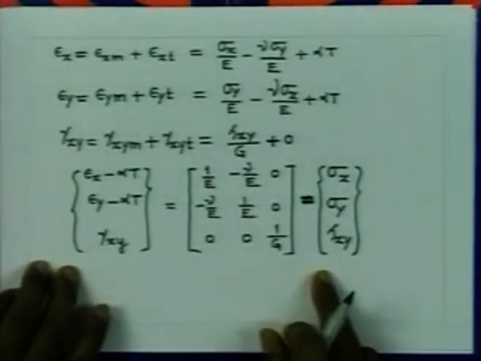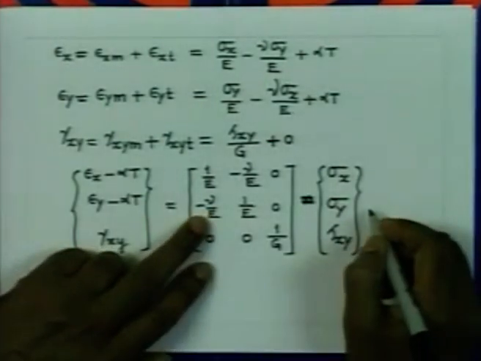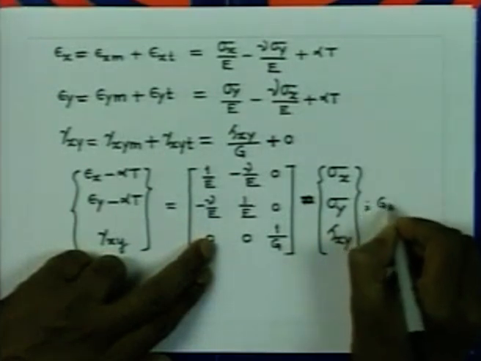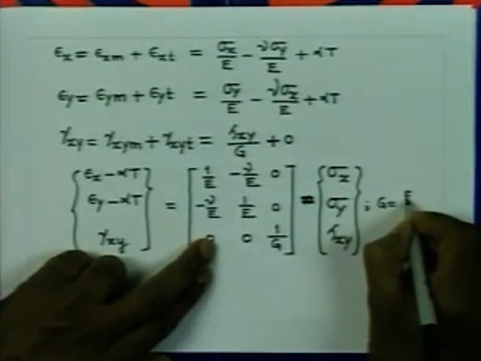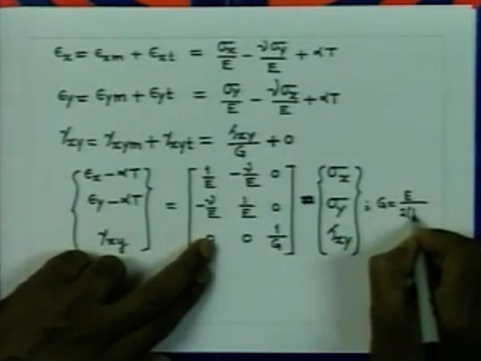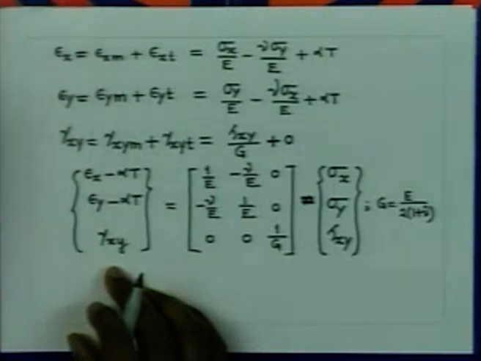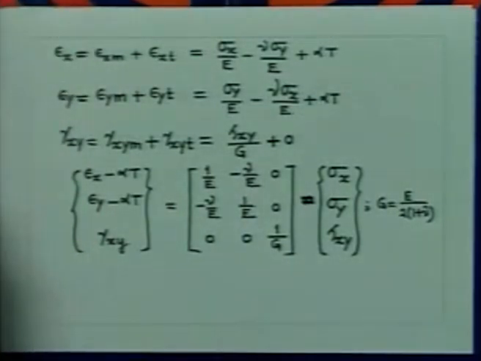You can see that the elastic constants are involved here, nu and E and G, and since G is equal to E by 2 into 1 plus nu, we can invert this relationship and once we invert this relationship, we get a form like this.